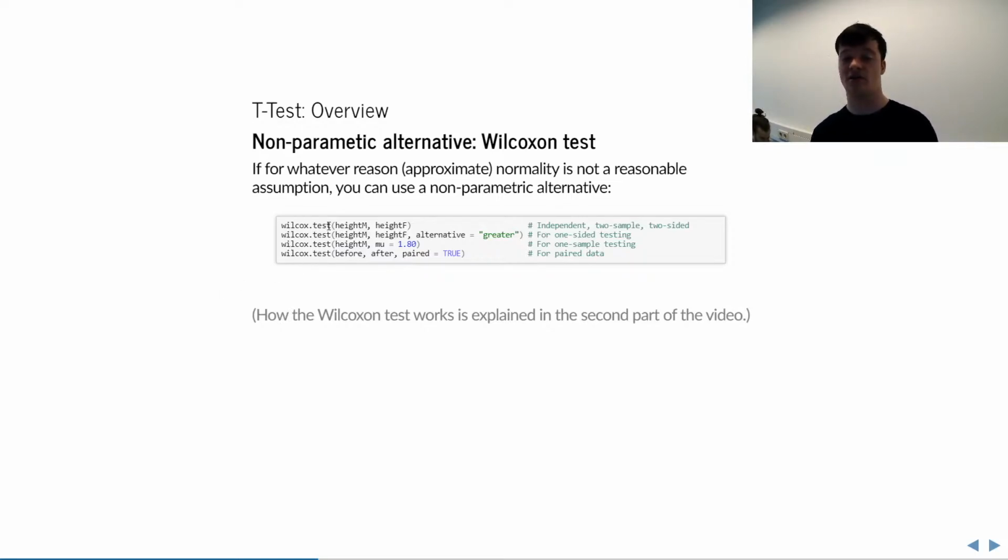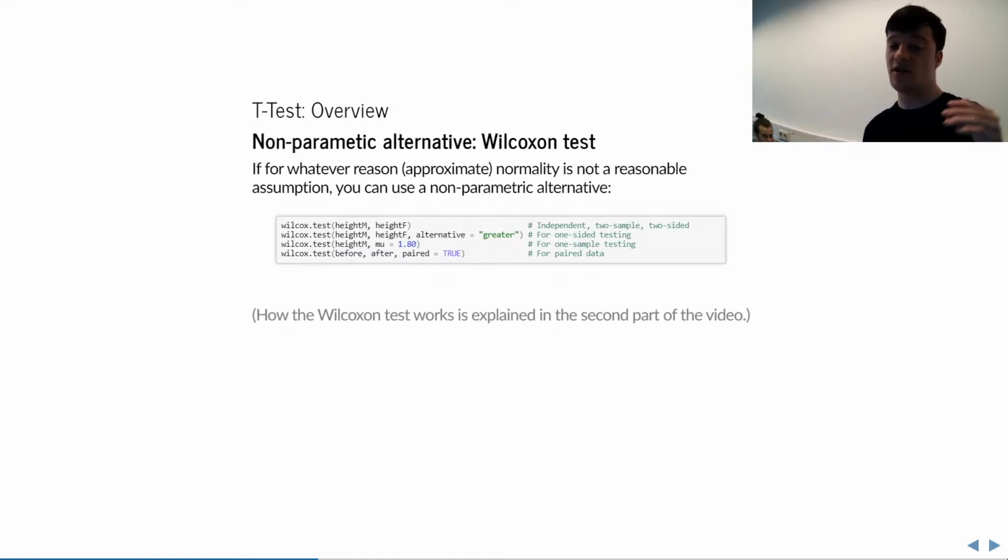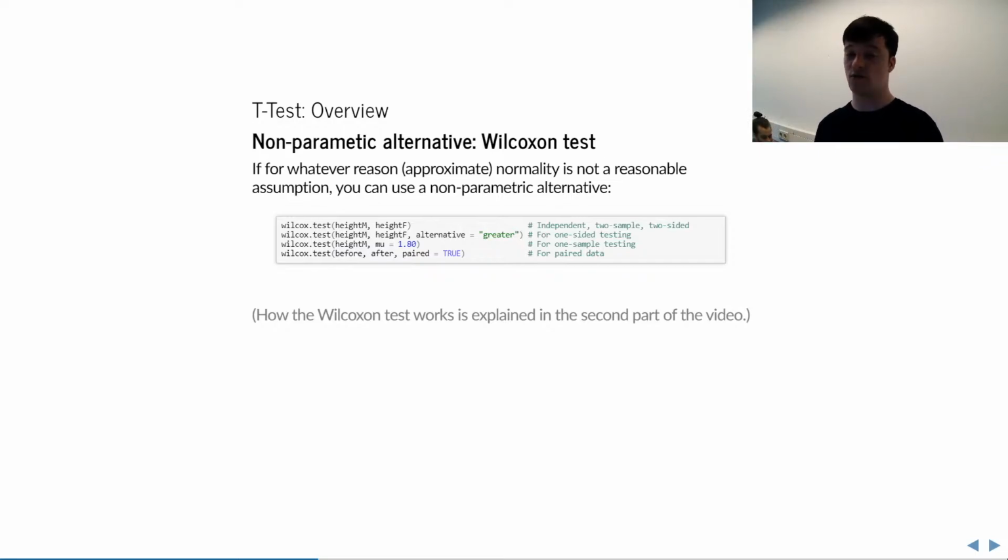All the options I just discussed, like testing one-sided, doing a one-sample t-test, doing a paired t-test, are all possible for the Wilcoxon test as well, with one exception, which is equal variance. There is no assumption of what distribution the data follows, and because of that, there's also no assumption about the variance of that distribution. So there is no var.equal argument. But all the other options we discussed, you can do with a Wilcoxon test in exactly the same way that you would with a t-test.